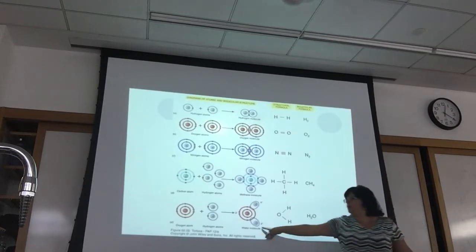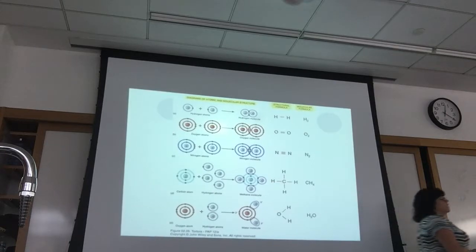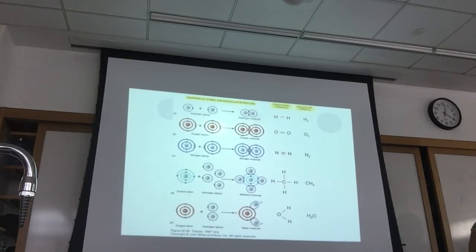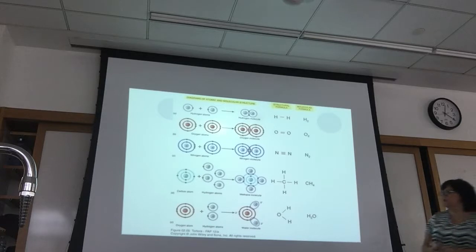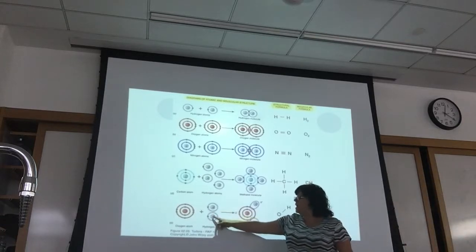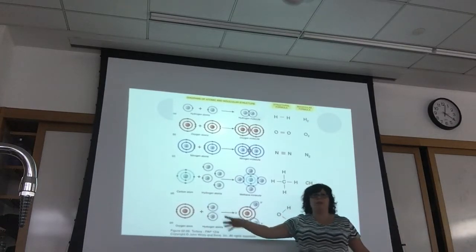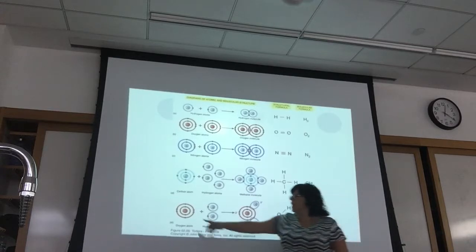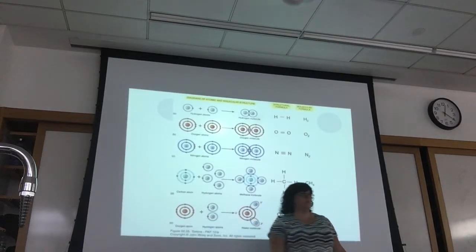You can see at the bottom what water looks like. Simple water molecule. We have 1 oxygen atom and 2 hydrogen atoms. Hydrogen, 1 proton in the nucleus and 1 electron. They're both unstable. And we have oxygen.